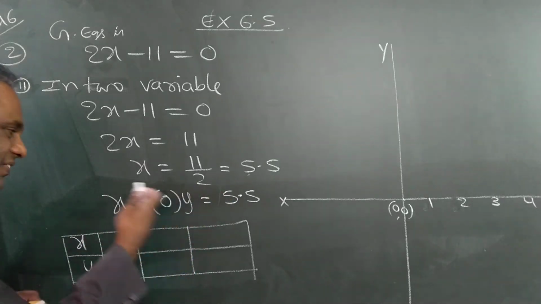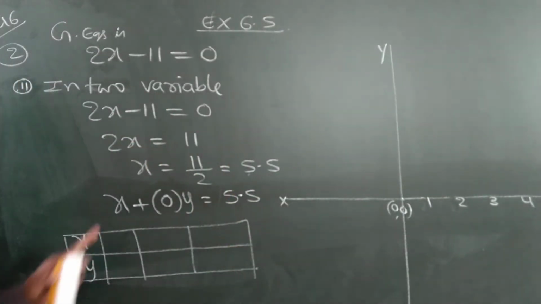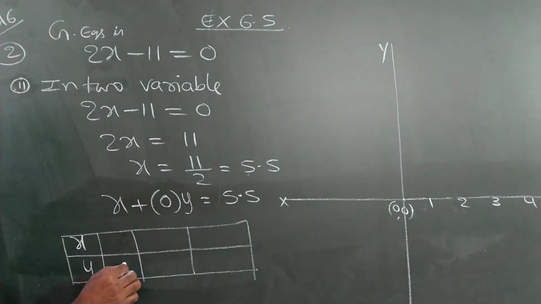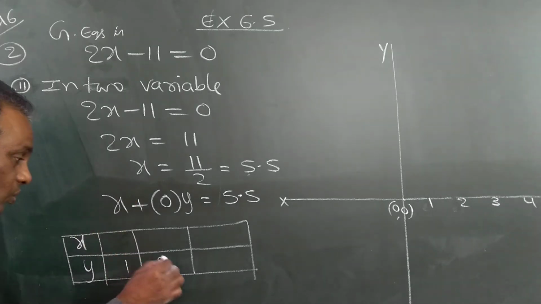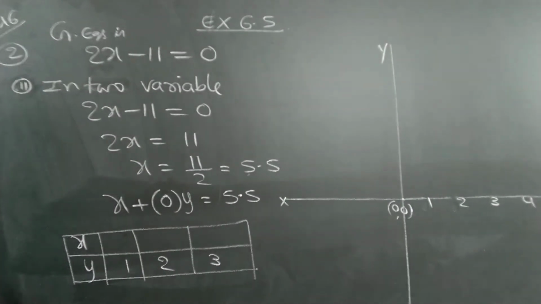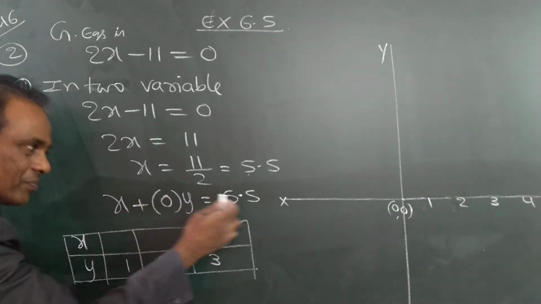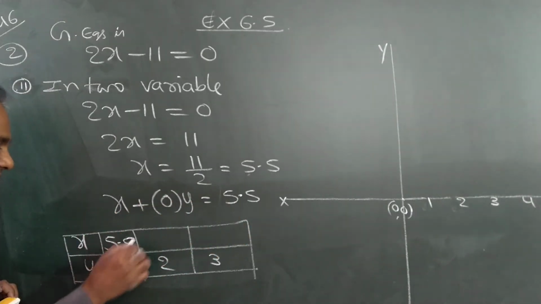x you can't choose, x is 5.5 only. x is always 5.5. y you take. Suppose y is 1, y is 2, y is 3. y is 1 means 1 into 0, 0, so x is 5.5 only.